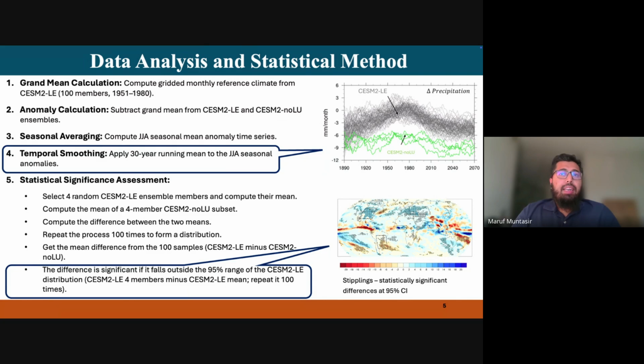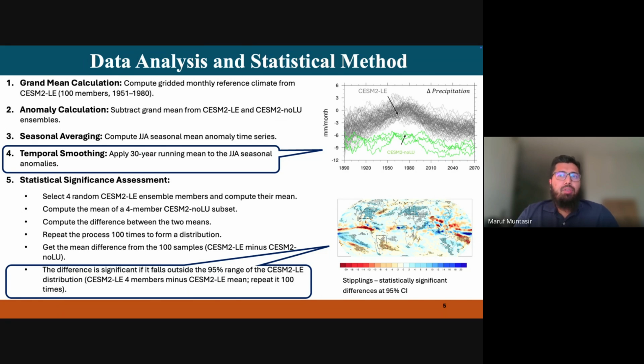So here is our data analysis procedure. First, we calculated the climatology from CSM2 LE 100 ensemble members from 1951 to 1980, and we call it the grand mean. Then we subtract the grand mean from CSM2 LE and CSM2 no LU. After that, we computed the JJ seasonal mean anomaly time series.